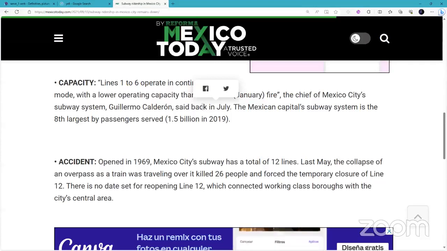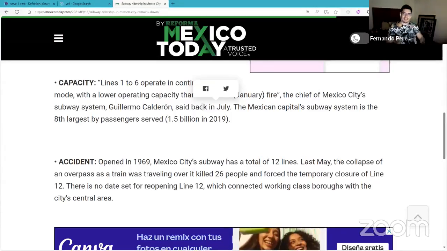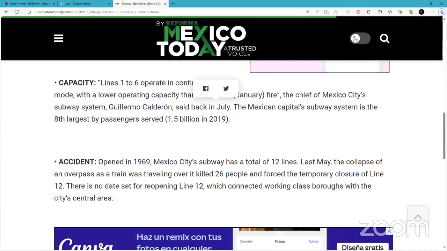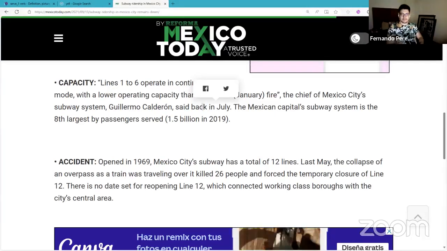Final pronunciation, again, in English. The Mexican capital subway system is the eighth largest. Largest. Much better.